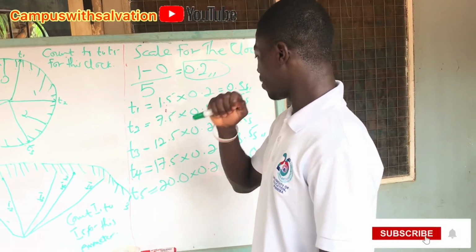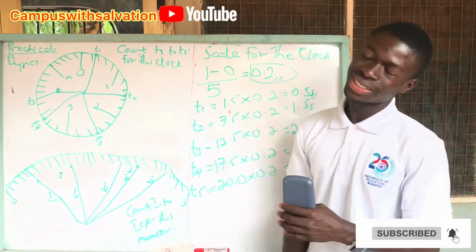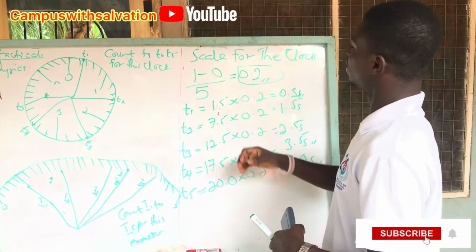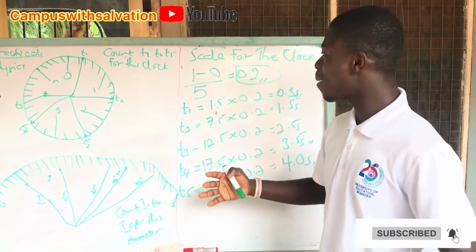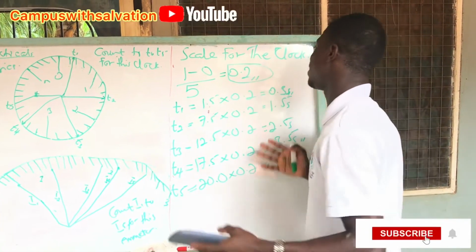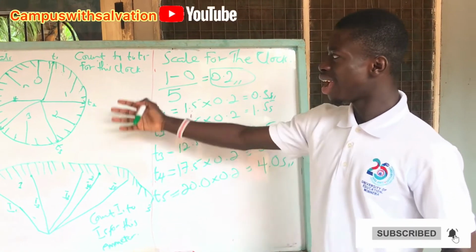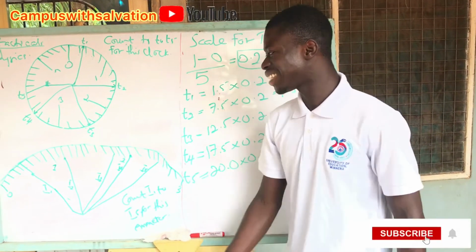But do you know something? Many students find it difficult to do such practicals because they don't even know how to get their scale and those things. But I think this video will help you guys learn how to at least count for the following instruments. This one is a clock, and this one too is an ammeter.